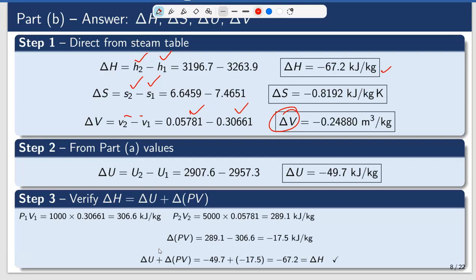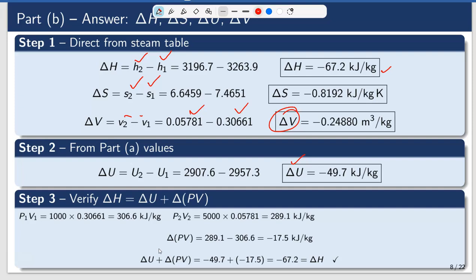Now from part A we got del U, U2 minus U1, so del U is equal to minus 49.7 kilojoule per kg. And del H is minus 67.2 kilojoule per kg. Now we have to verify using del H is equal to del U plus delta PV. So now we can calculate P1 V1.